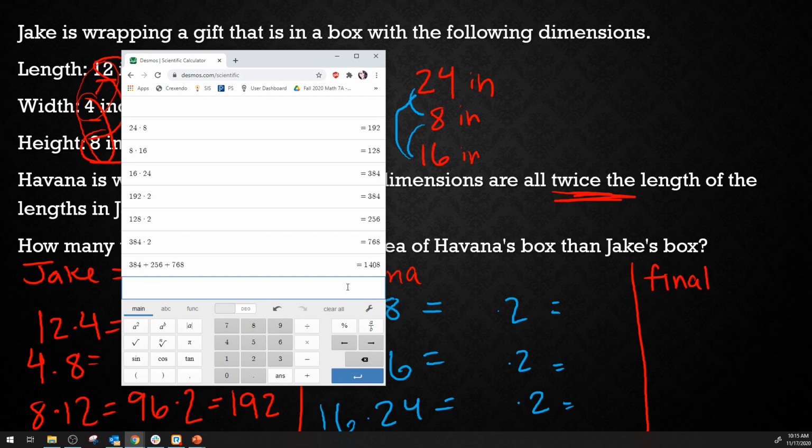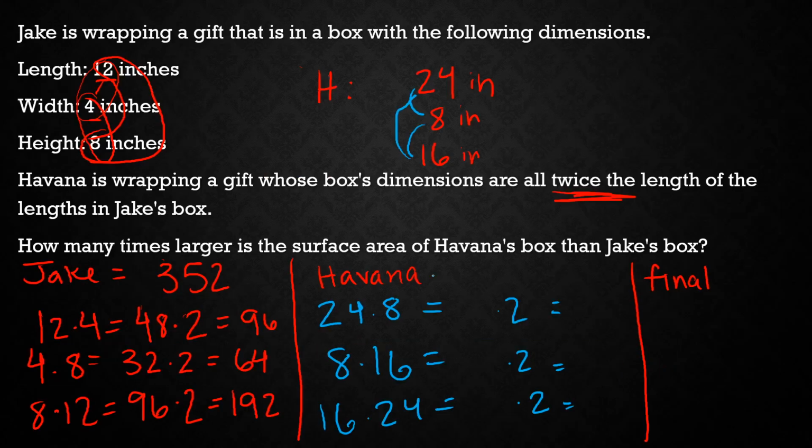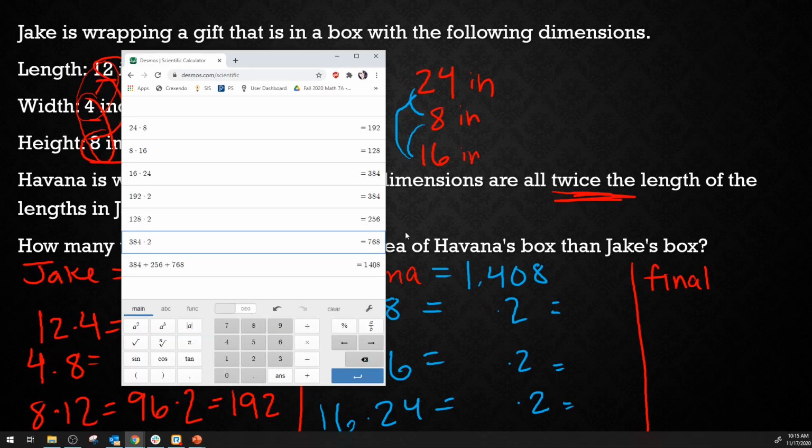So I get 1,408. So Havana's box is going to have a surface area of 1,408, I believe is correct. Let me double check. Where'd my calculator go? Here it is.